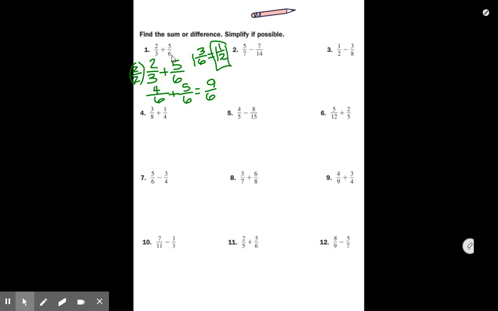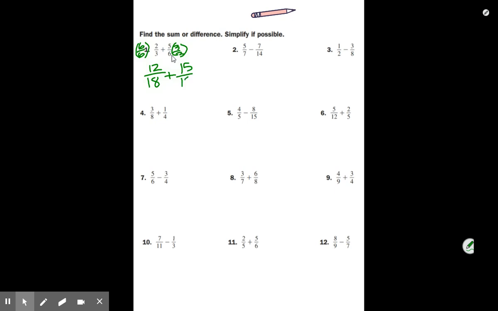Okay, if you would have done it the way I showed you guys how to do it using the easiest common denominators, you would have multiplied this side by 6/6, this side by 3/3, right? According to our notes. And you would have 12/18, and then you'd have 15/18. Would I still get the same answer eventually? Absolutely. What would these two numbers be added together, 12 and 15? Okay, how many groups of 18 will go into 27? 1.